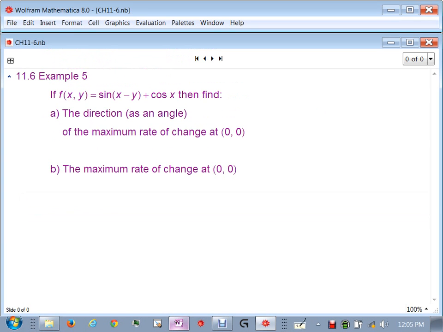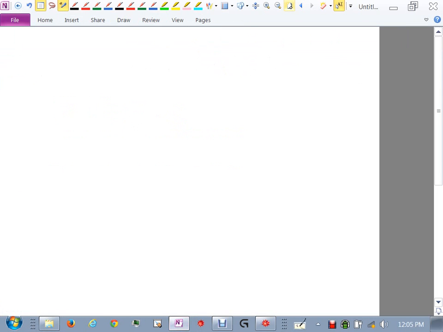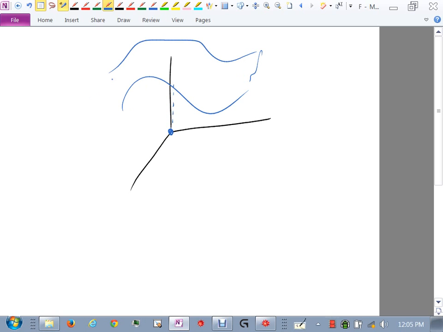Okay, so here's what's happening. We have a surface. We are going to the point 0, 0. We're going up somewhere on this surface. I don't know what this surface is doing, okay? I'm just going to act like I do. There's my surface. Somewhere up here on this surface at the origin, I'm at some point, right, on that surface up there.